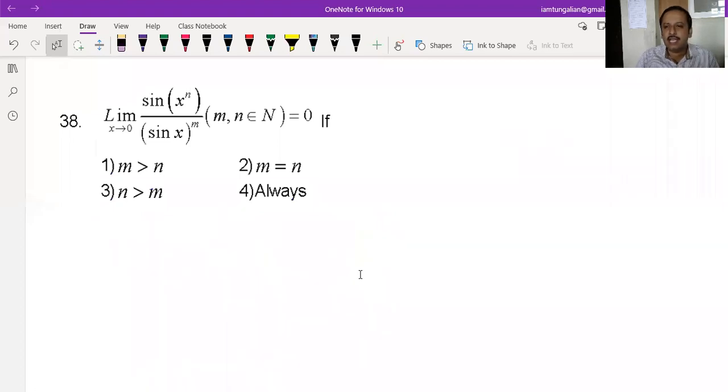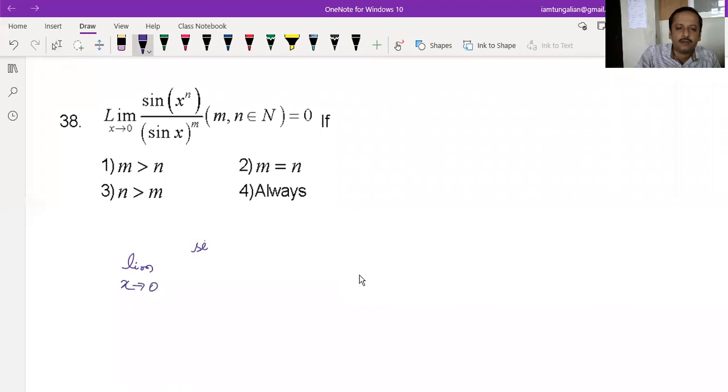Thirty-eighth question. Limit x tends to 0, sin x power n divided by sin x whole power m, where m and n are natural numbers, is equal to 0. If so, it is equal to 0, they have given. Okay.